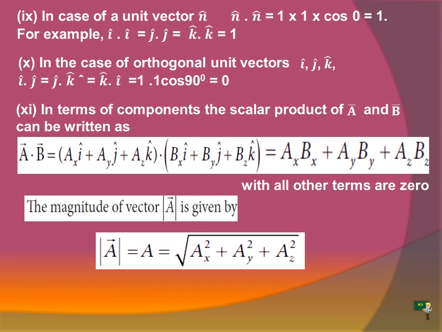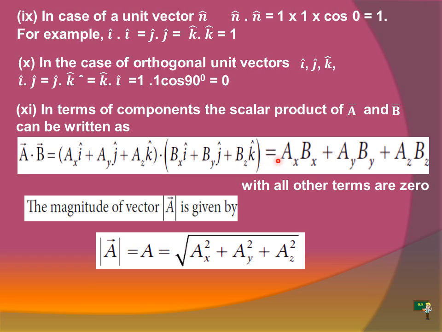11th one, in terms of components, the scalar product of A vector and B vector can be written as A vector dot B vector is equal to (Ax i cap plus Ay j cap plus Az k cap) into (Bx i cap plus By j cap plus Bz k cap).